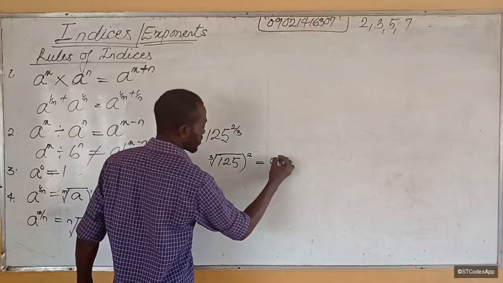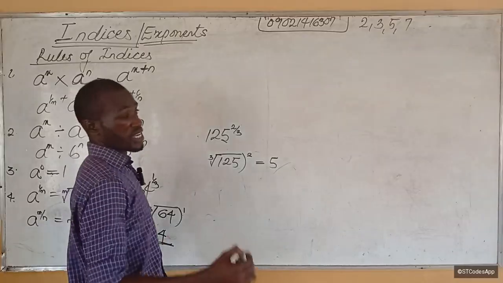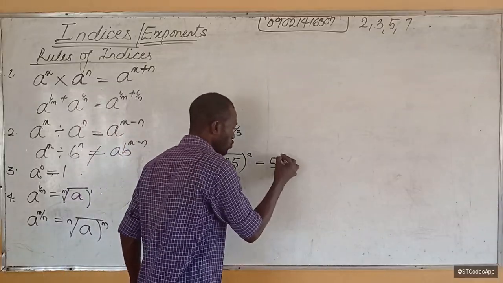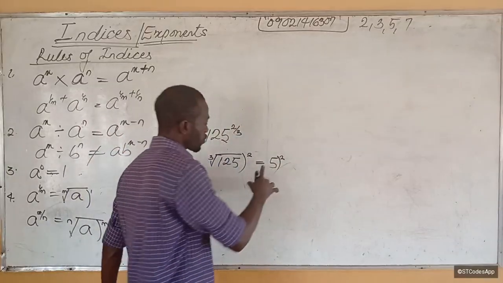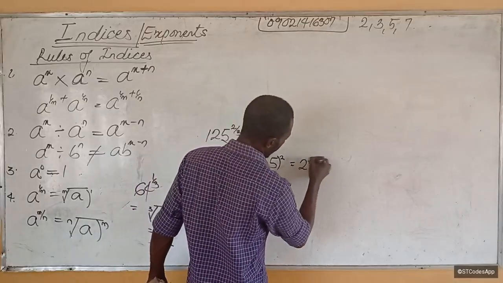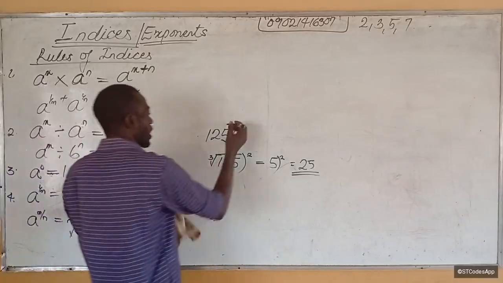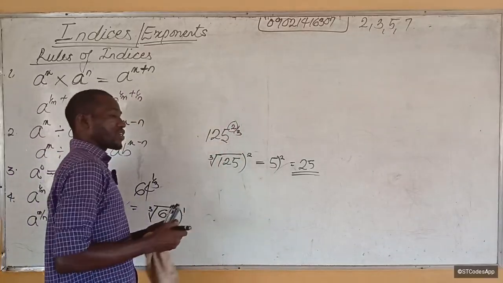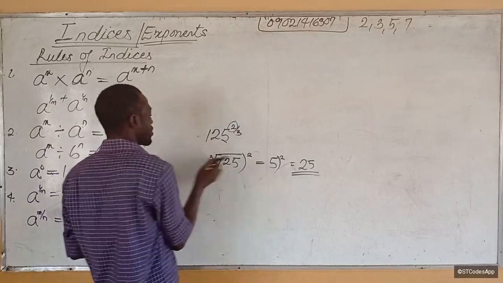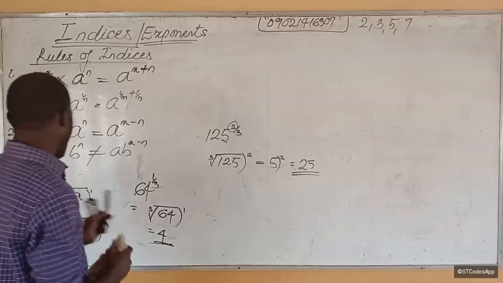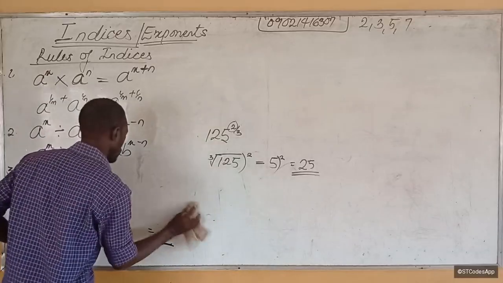It's going to be 5, because 5 times 5 is 25, and 25 times 5 is 125. Then squared, is it clear? So 5 squared will now give us what? 25. Is it clear? So the numerator becomes the power, the denominator becomes the root. That's what the fractional power rule says.